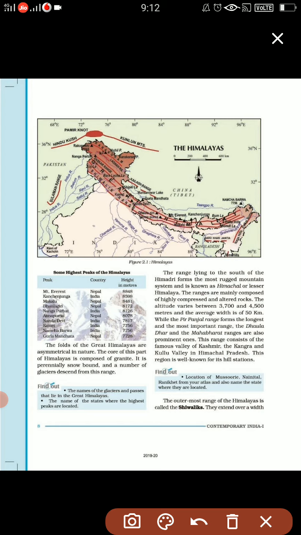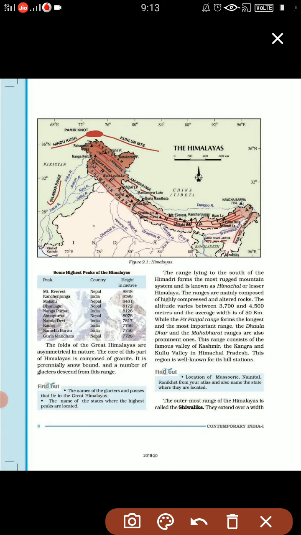The ranges are mainly composed of highly compressed and altered rocks. The altitude, what about the height? It is from 3700 to 4500 meters. And if you talk about the width, it is just 50 kilometers as compared to the Himadri region.